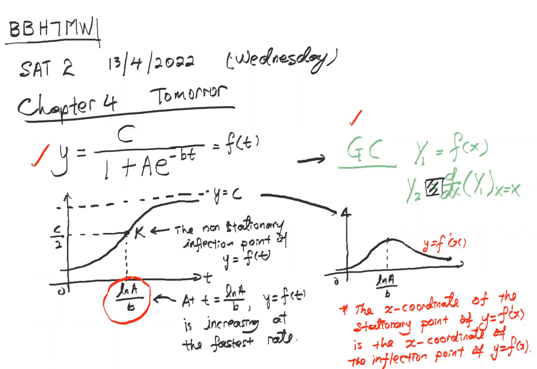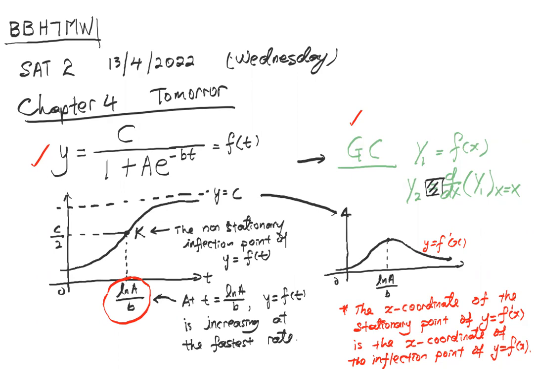Are you clear? Because of this relationship, you can get the x coordinate of the inflection point of f(x) from that of the f prime x. From f(x) itself, you can't. So if you have the formula, you straight away use the formula.